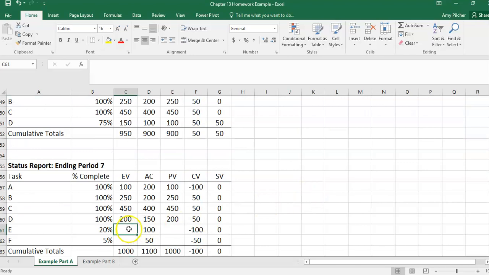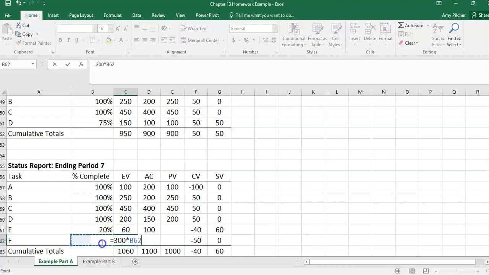So we will take 300 times 20% for our estimated value of E, and 300 times 5% to get our estimated value of F.